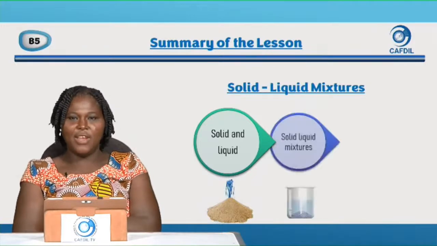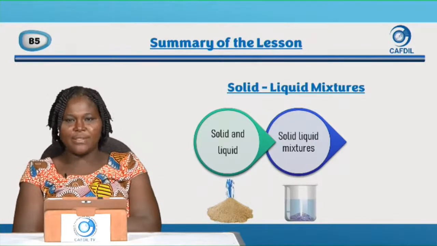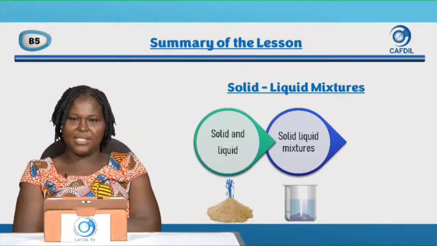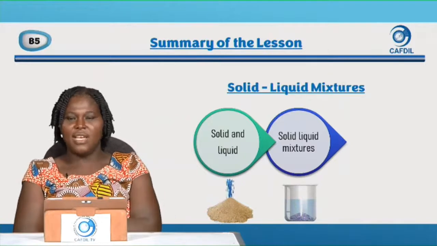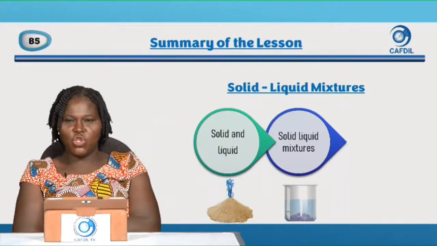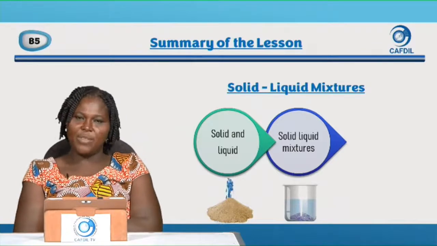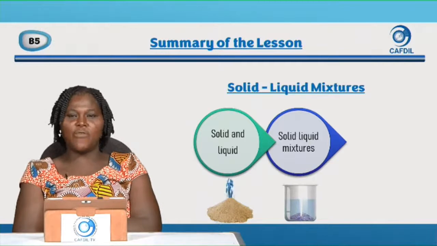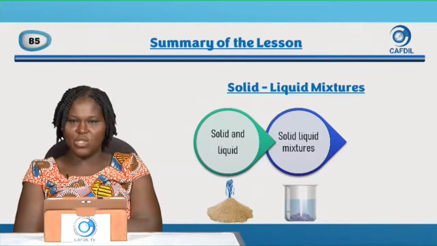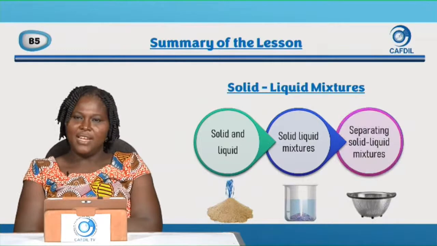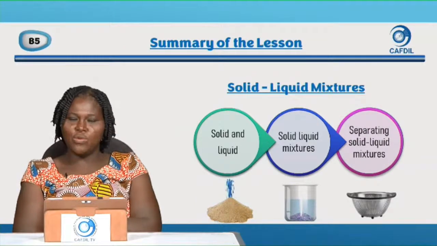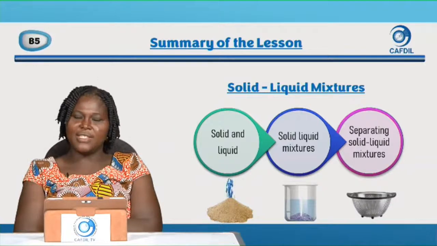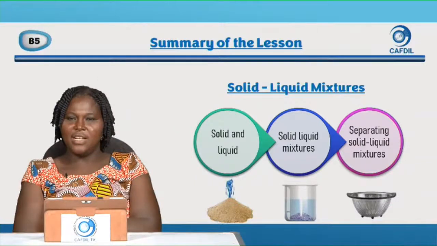We also looked at solid liquid mixtures: salt and water, sugar and water, corn dough and water. These are examples of solid liquid mixtures we looked at. Now we look at the separation of solid liquid mixtures.